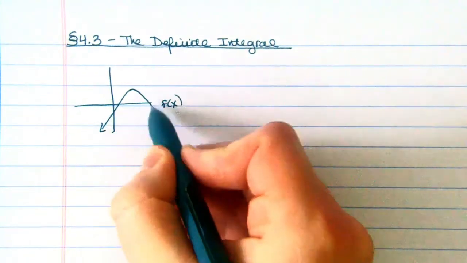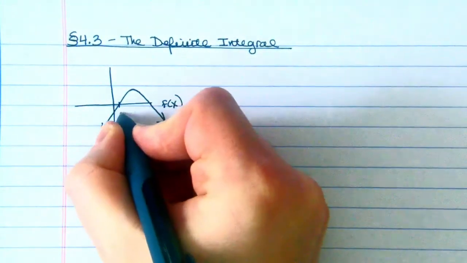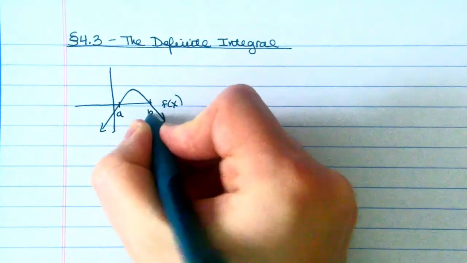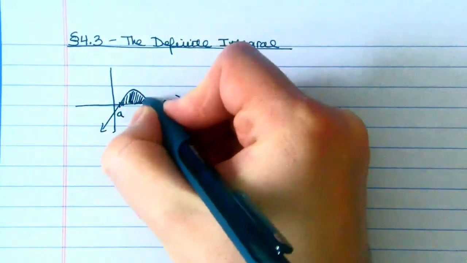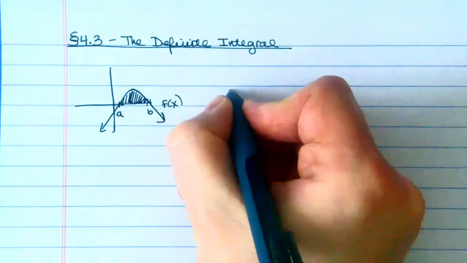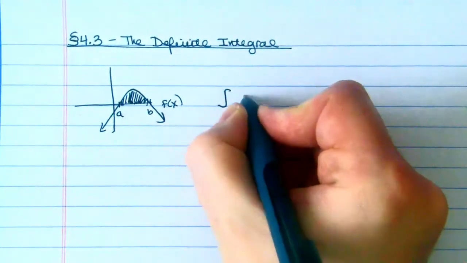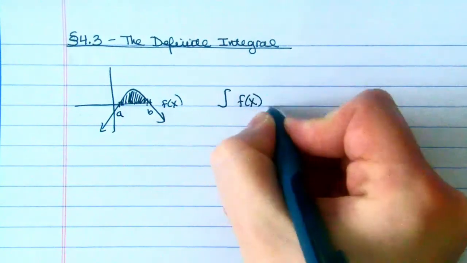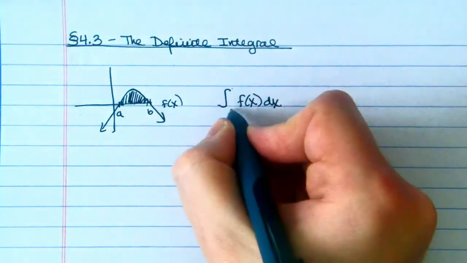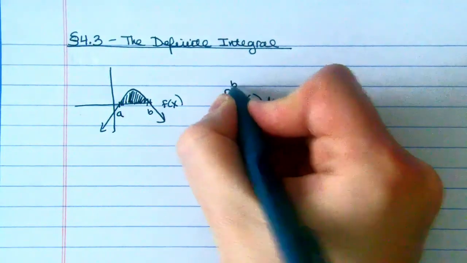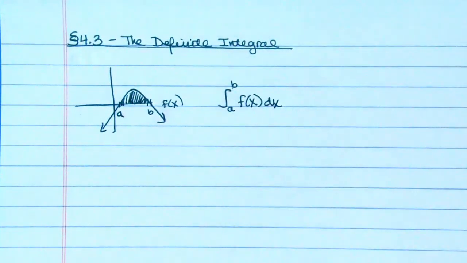Let's say I give you some function f of x with x-intercepts at a and b. The definite integral, which is an integral of f of x dx, but I'm going to put two numbers on my integral. Two numbers that I'm going to call my limits of integration.